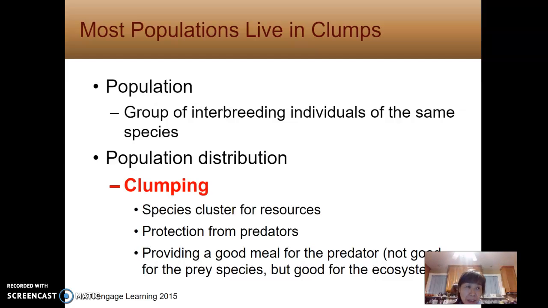So if one found a resource, then all of the individuals in the cluster can enjoy that. And they also can help each other with protection from predators. If one discovered a predator, they can warn all the individuals to run away. But on the other hand, something good for the predator is if they are caught by a predator, the predator can have a good meal because you not only get one individual, you get a group.